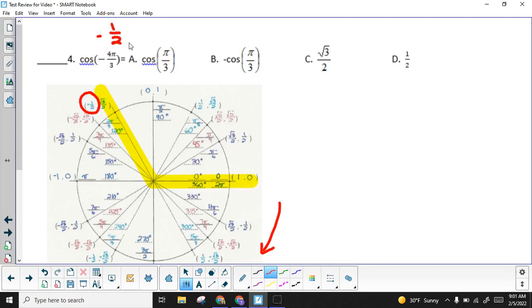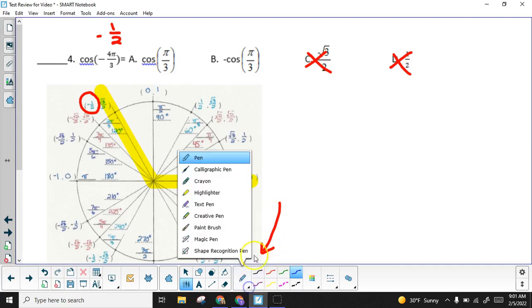But that's not one of our answer choices, so we have to explore choice A and choice B a little bit. We know that the answer is negative 1/2, so that means it's not D and it's not C. But for these, the cosine of pi over 3 and the opposite of the cosine of pi over 3, we need to see which one of these has a value of negative 1/2. So let's take a look first of all at the cosine of pi over 3.